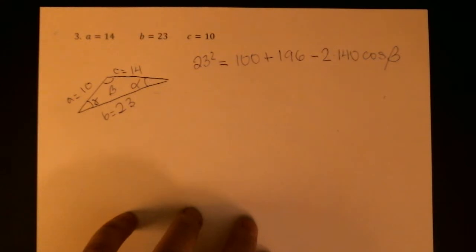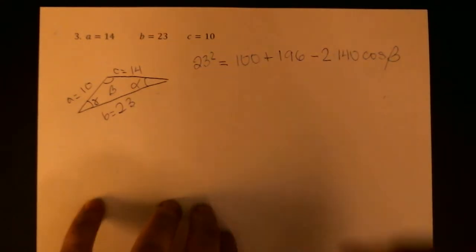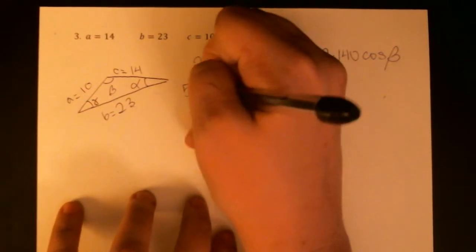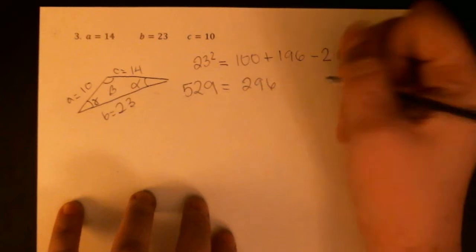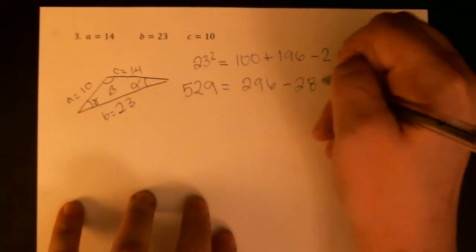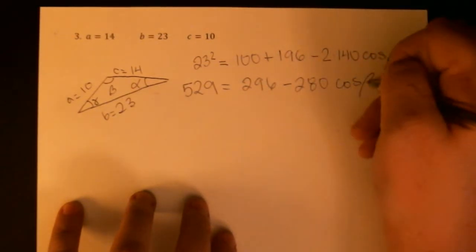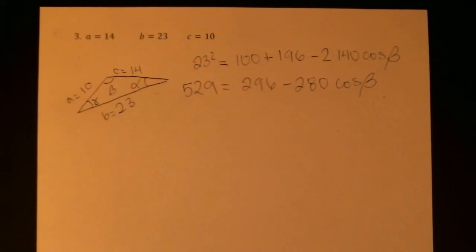And I just want to work on solving this. Let me check the 23 squared. 23 squared is 529. Okay, so I have 529 equals 296 minus 280 times cosine of beta. So it ends up being a fairly nice trig equation. So I can subtract the 296.